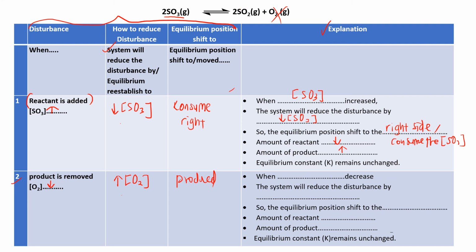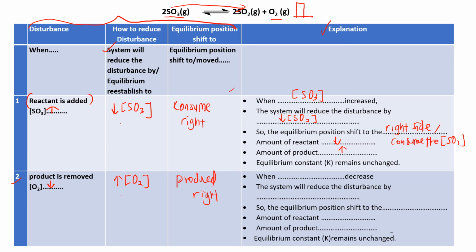Okay, so from this equation, you must produce O2. So how do you produce O2? The system will also shift to the right side. When it shifts to the right side, SO2 and O2 will be produced, and the concentration of O2 will increase. Okay, students, you don't need to remember left and right because left and right depend on the equation. You just understand you should produce it or you should consume it.